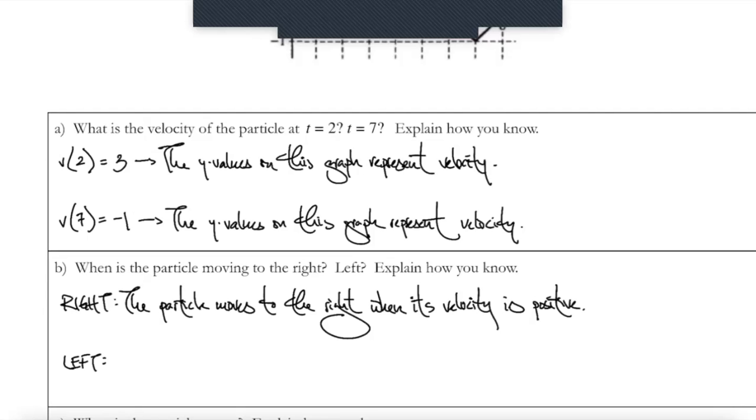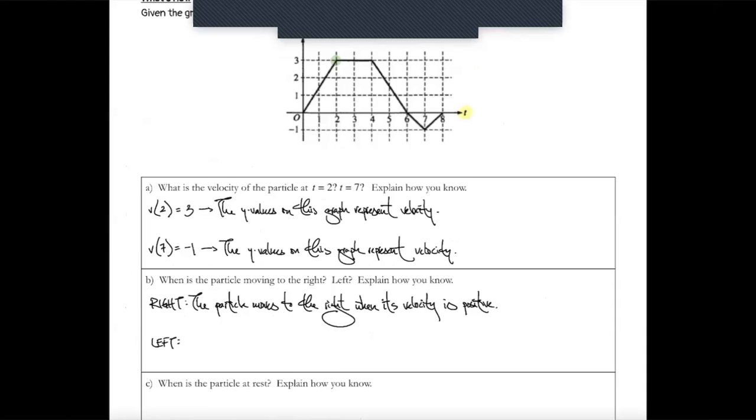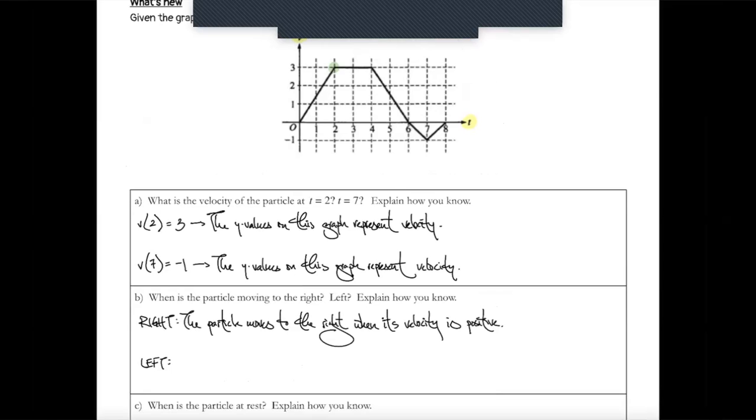Now, on a position graph, sure, we would look for slope. But this is not a position graph. What should we look for? Good, good, good.